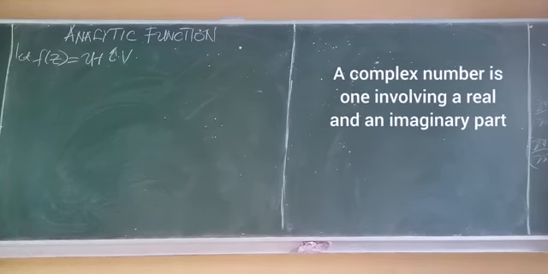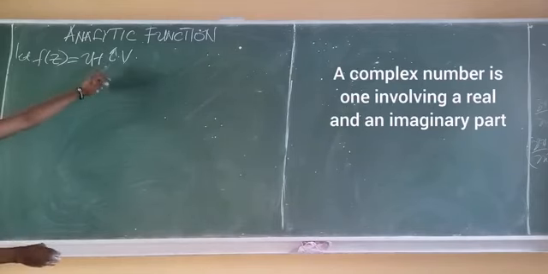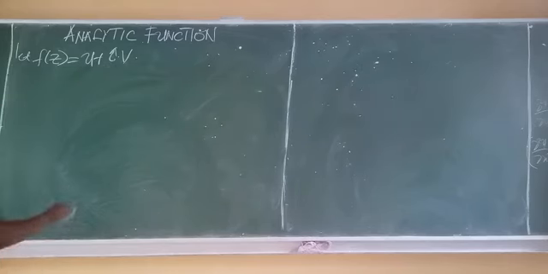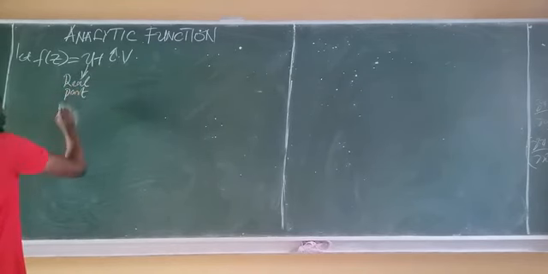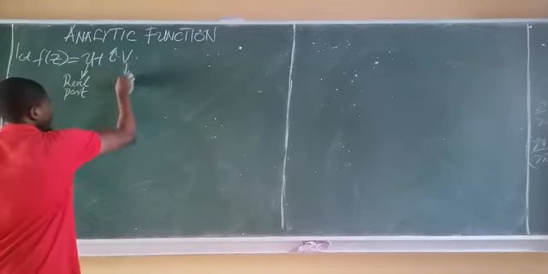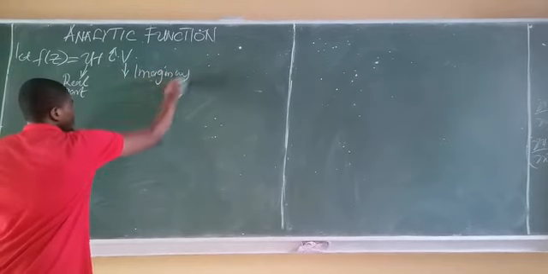A complex number is a number which involves a real part and an imaginary part all together. So I have u plus iv. The i here indicates imaginary, which means u stands for the real part of this complex number, whereas v stands for the imaginary part of the complex number.